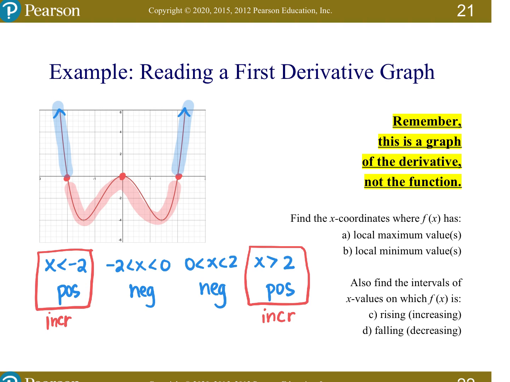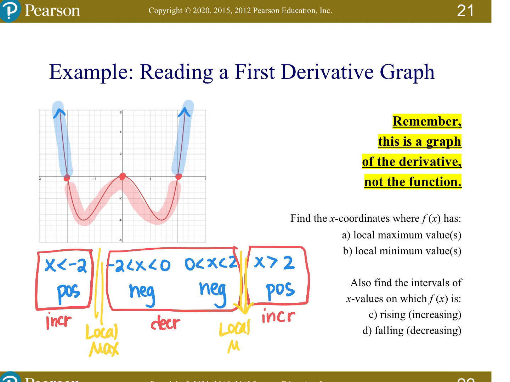The section in the middle, both of them are decreasing. So in between them is a local max. And in between the other two is a local min. Because one's changing from the other.